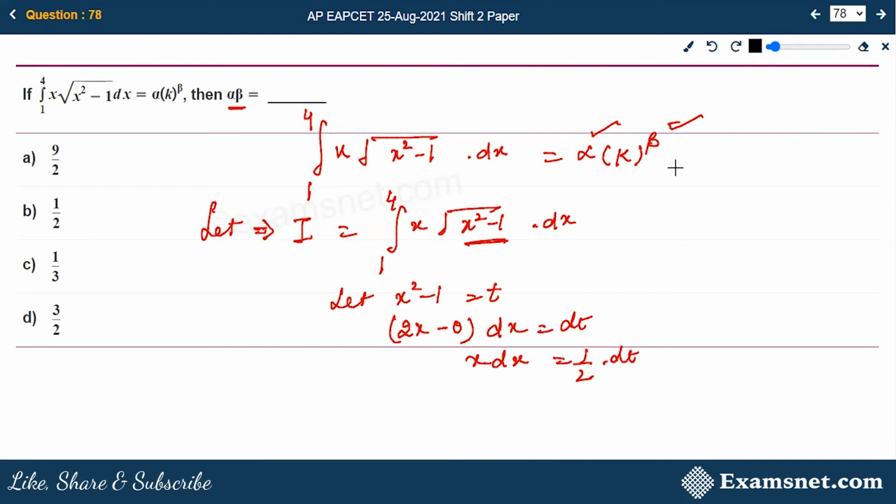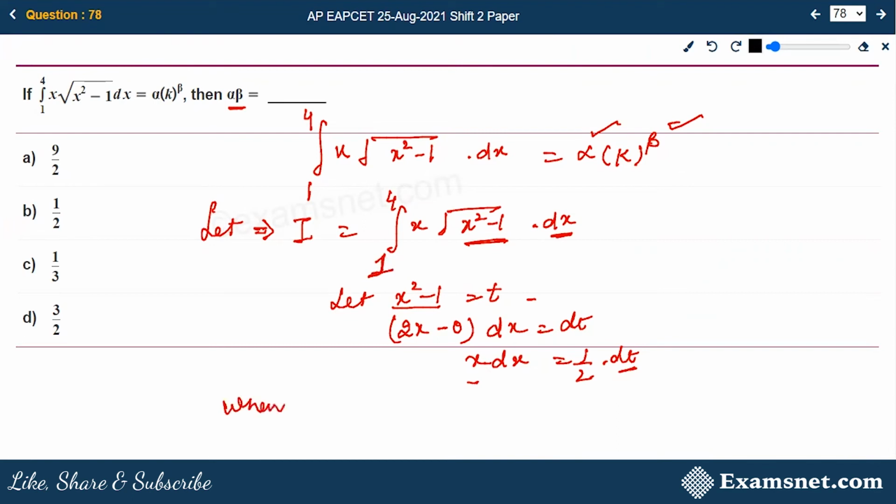Now I will have to change the limits also, because I'll be changing this dx into dt. So the corresponding limits will also change.